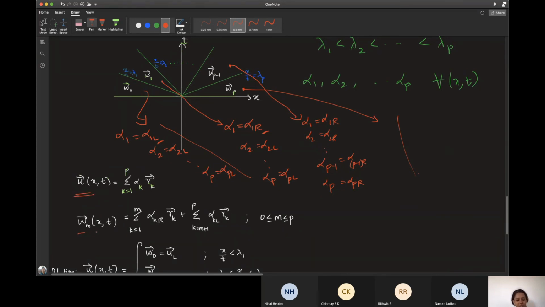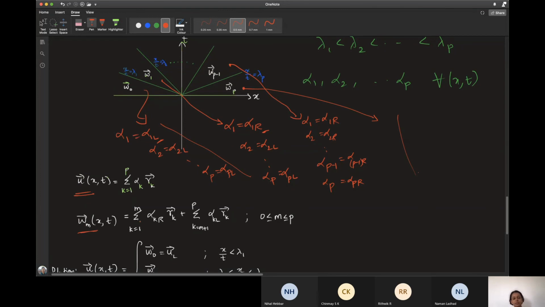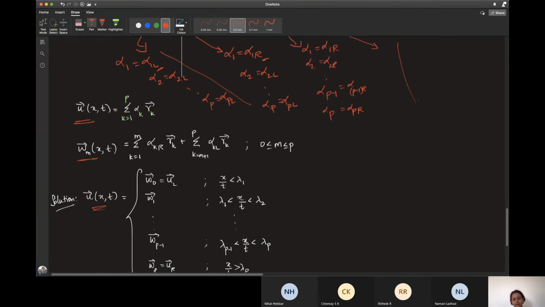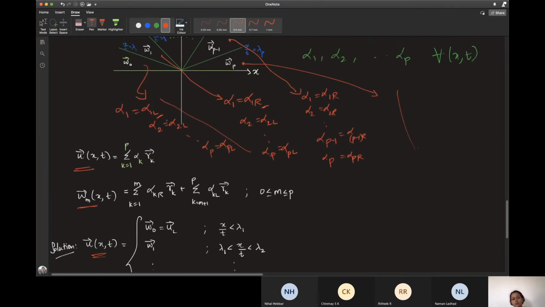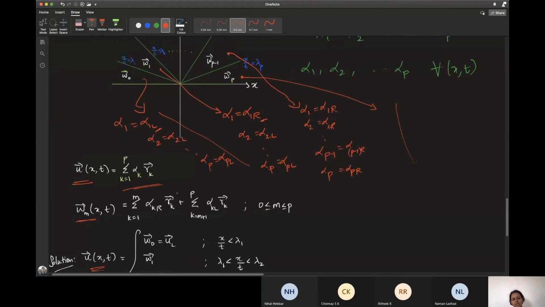Just for a change, we have written W m vector, and U vectors are represented as W vectors here. So the same summation has been just split up into the one corresponding to R and one corresponding to L. So now let's say you are looking at some m that lies between 0 to P. So this region is W naught. So this is your W naught region.